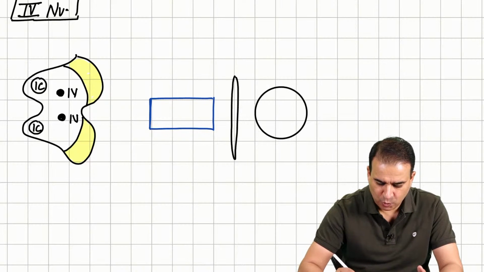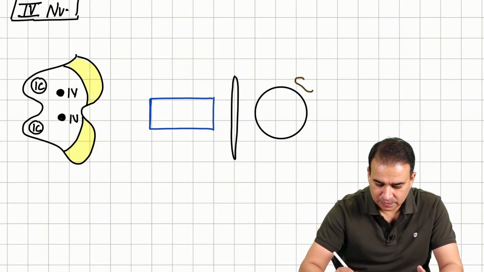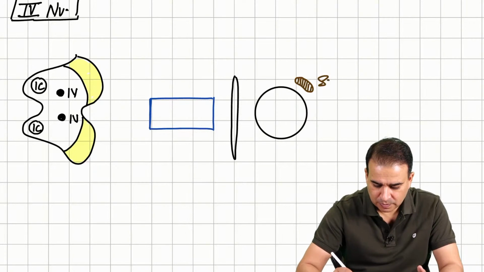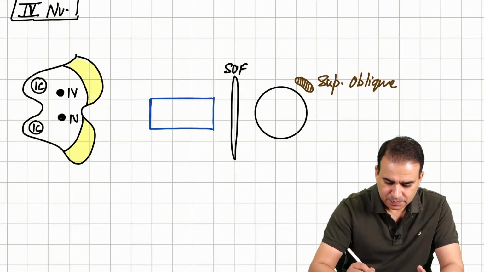And this time only one muscle is to be taken care of, and that is the superior oblique muscle. So here we have the superior orbital fissure, and this is once again the cavernous sinus.